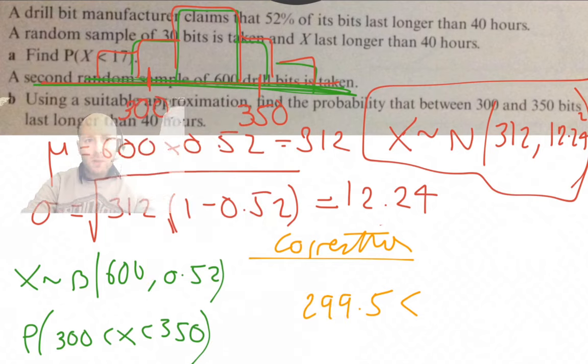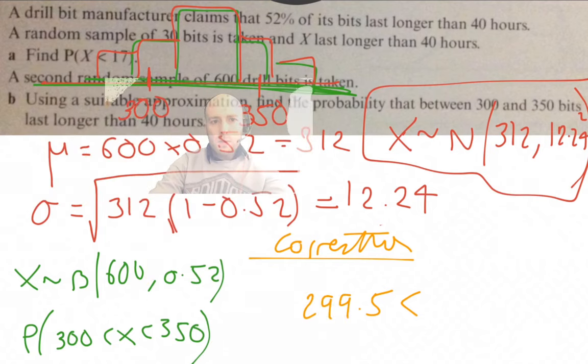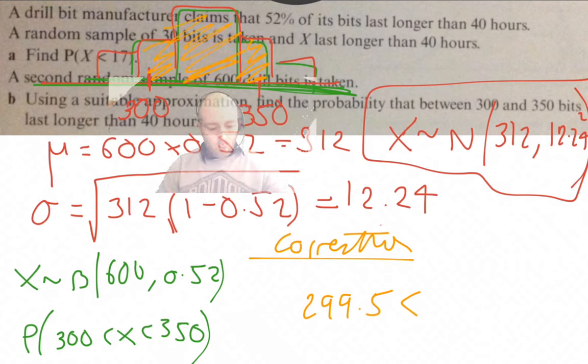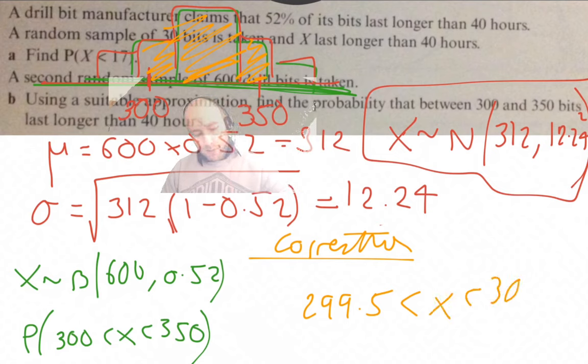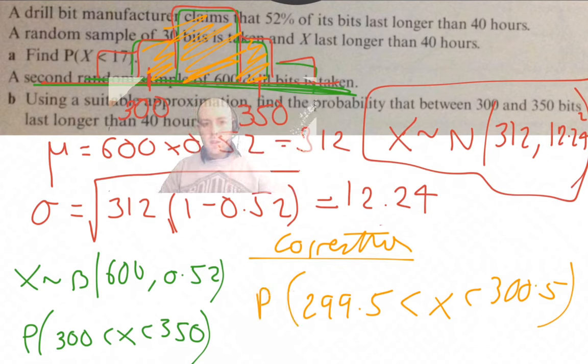So I think 299.5 for this one, and for this one it's going to be 350.5 because we want to include all of that bar, and everything in the middle.